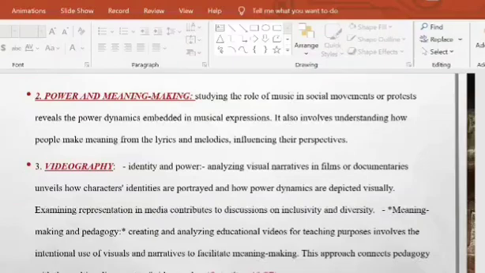Meaning making and pedagogy: creating and analyzing educational videos for teaching purposes involves the intentional use of visuals and narratives to facilitate meaning making. This approach connects pedagogy with the multimedia aspects of videography.